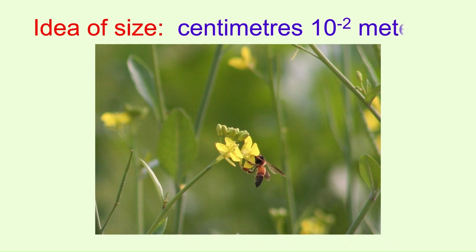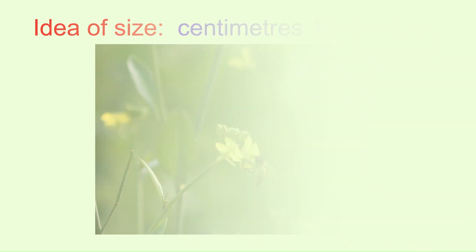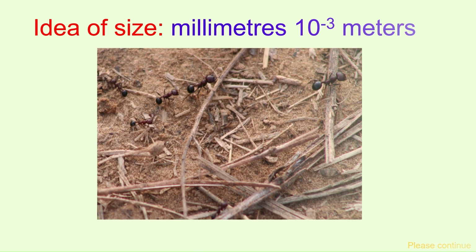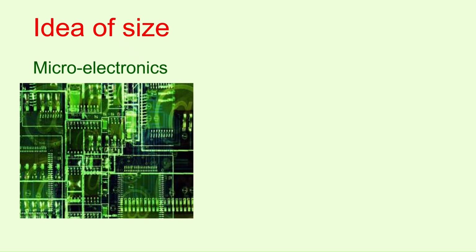Idea of size: centimeters, 10 to the power of minus 2 meters. Flowers, leaves and bee. Idea of size: millimeters, 10 to the power of minus 3 meters. Straws and ants. Idea of size: microelectronics.